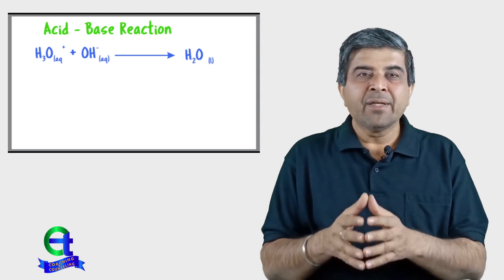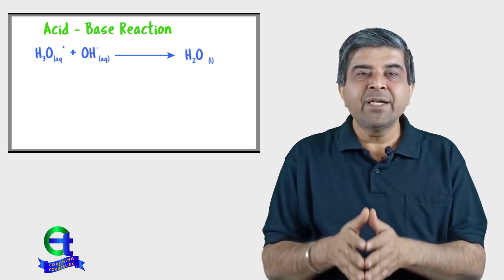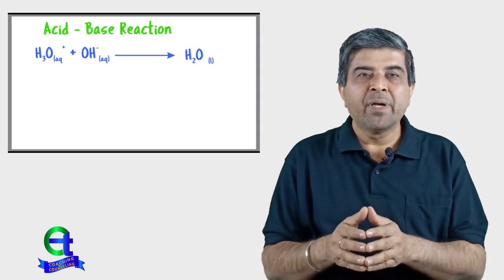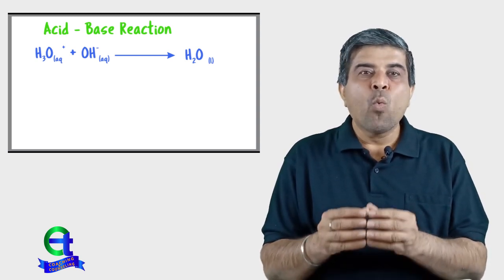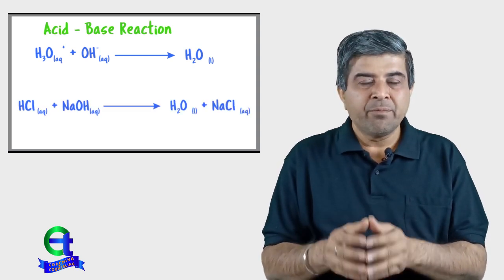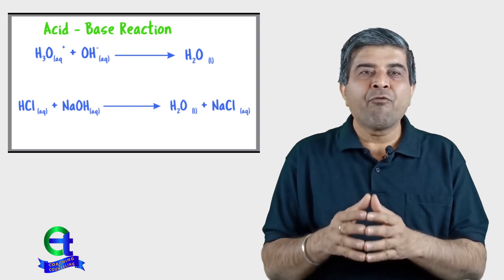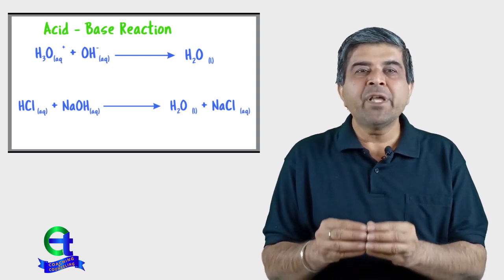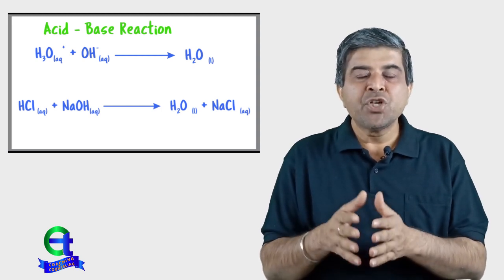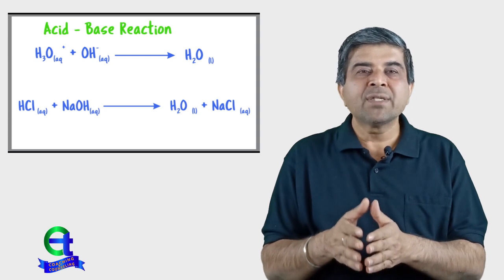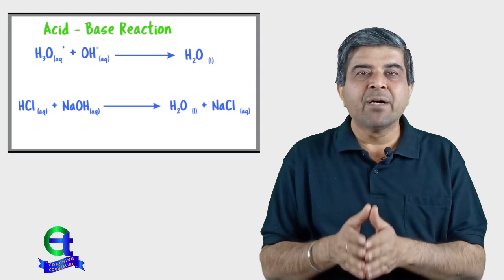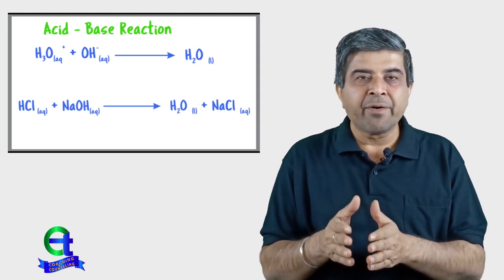You are aware that whenever an acid reacts with a base, salt and water are formed. Have you ever thought why only salt and water are formed? Yeah, water and salt are formed because hydronium ions react with hydroxide ions. The pH shifts to neutral or 7 on the pH scale. Thus, the reaction is termed as neutralization reaction.